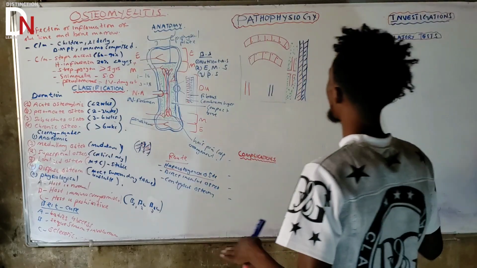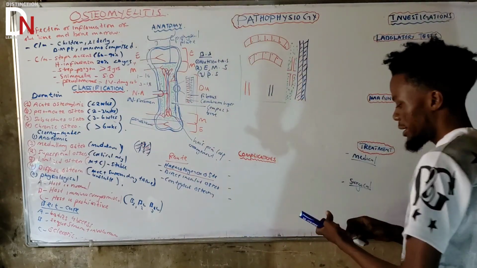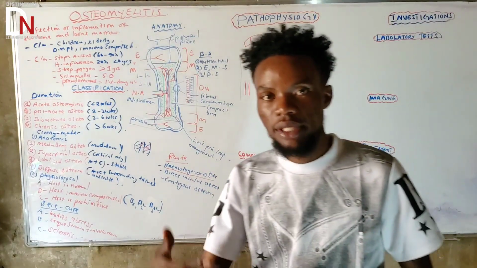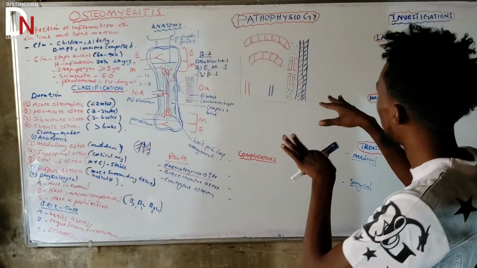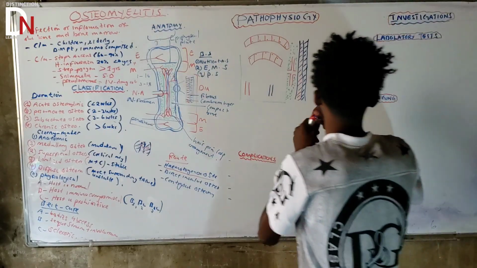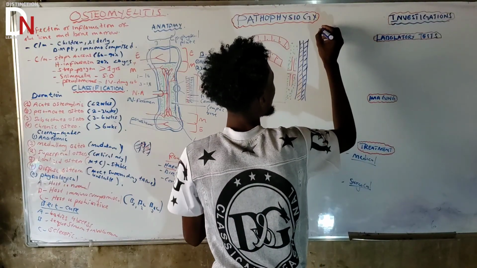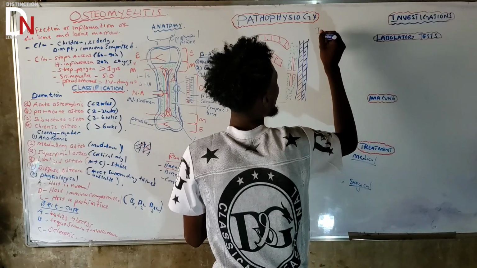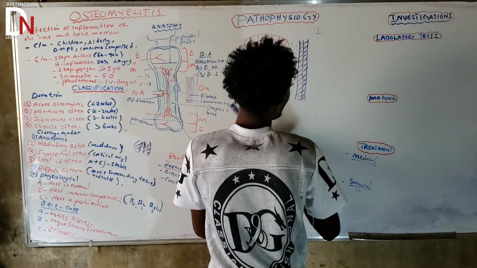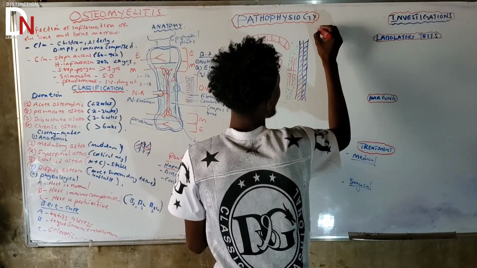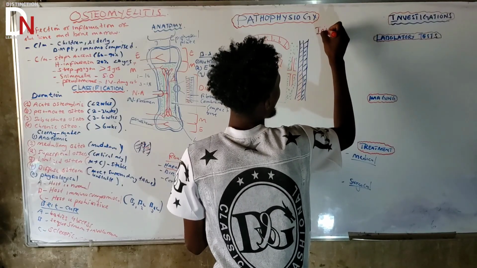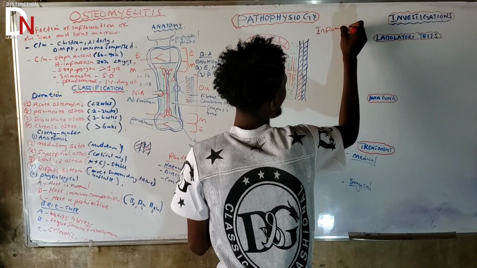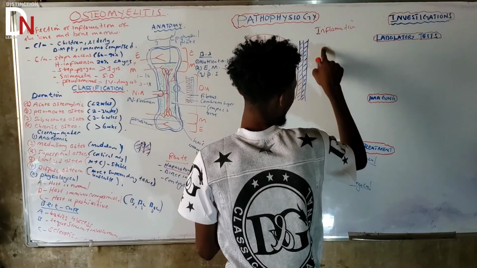Under the pathophysiology, there are some phases or steps for you to follow. The first is the inflammatory phase. Let's use red. Inflammatory phase, so it has inflammation. This is the first step.